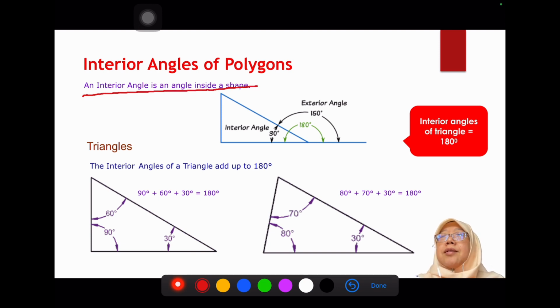If you have this kind of drawing, interior means it's inside and exterior means it's outside. To show it's interior, they draw this triangle. For a triangle, the interior angles will total up to 180.